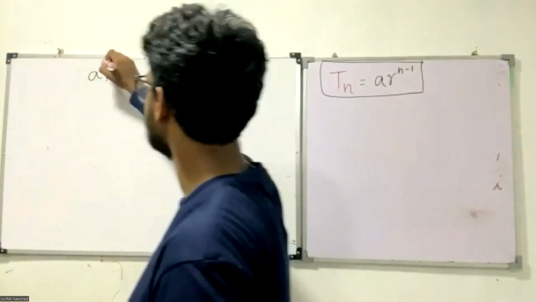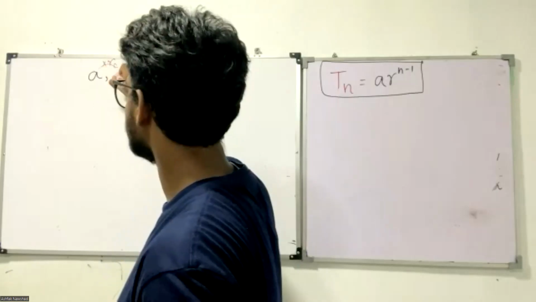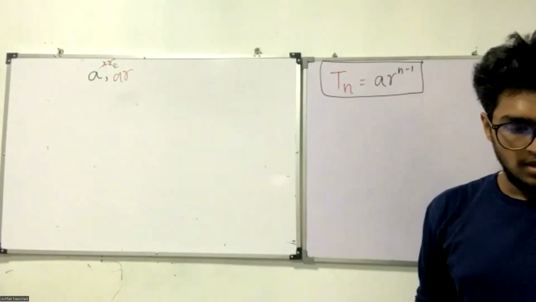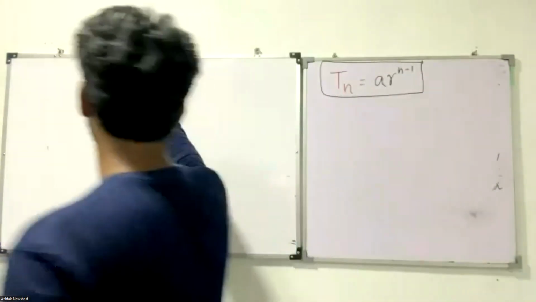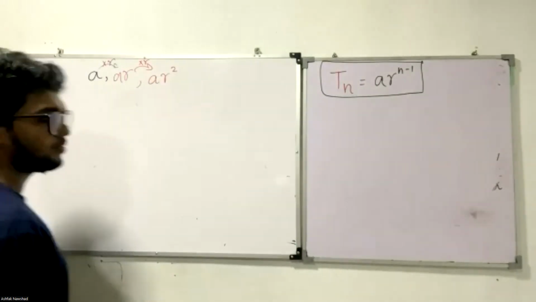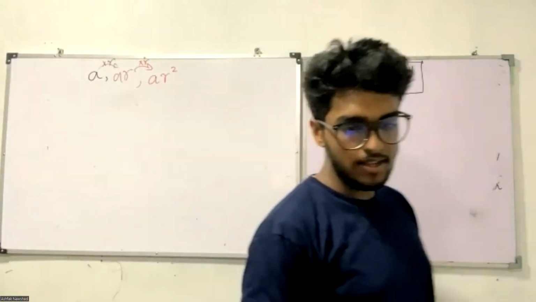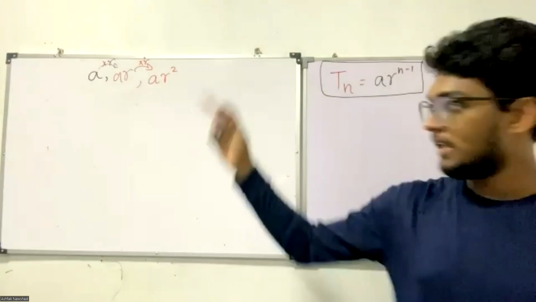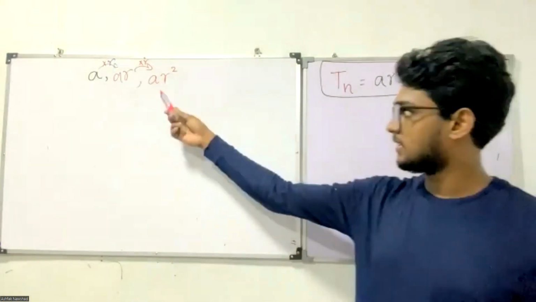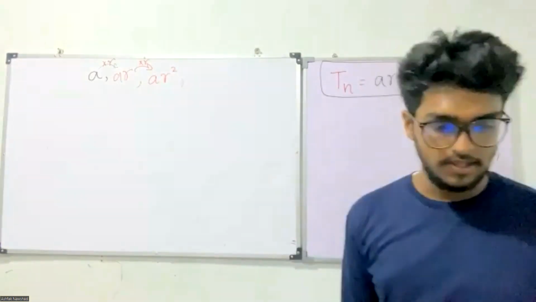So A times R is AR. For the third term, we again multiply by R, so it becomes AR to the power 2, AR squared. Is this clear? If you understood arithmetic progression, this must be very clear.